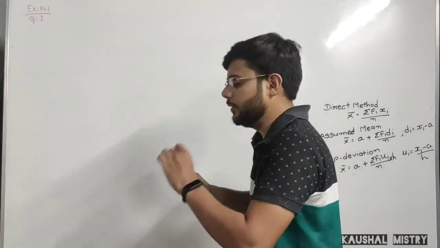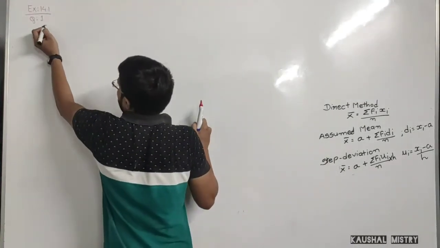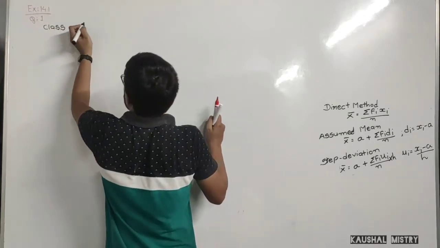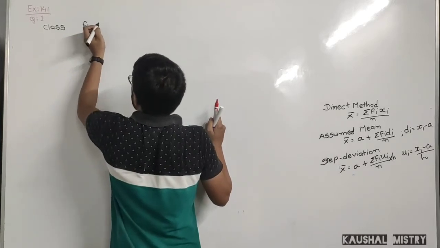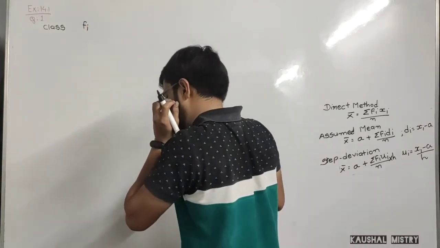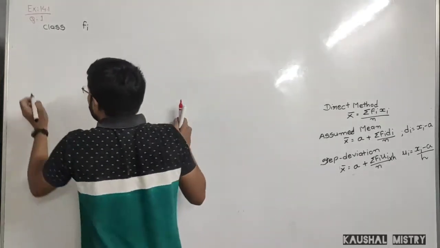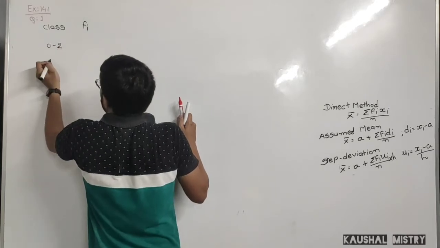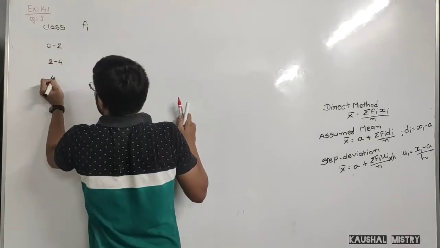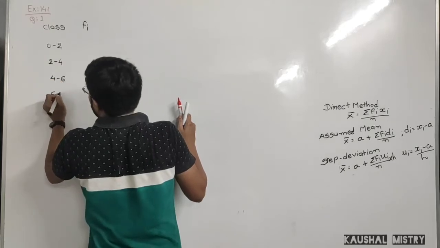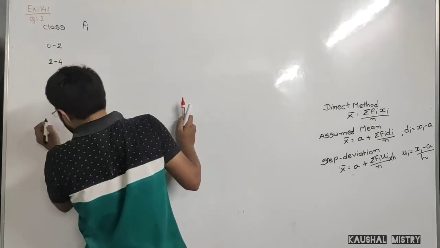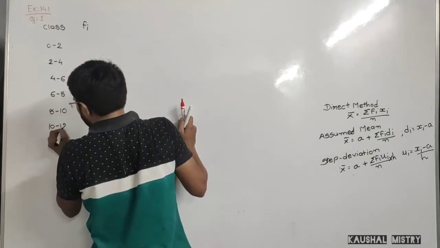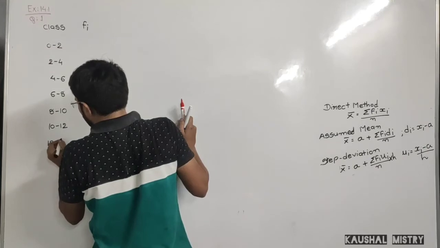Whatever is given, the first will be your class, and second will be your fi, that means frequency. So here the classes are 0 to 2, 2 to 4, 4 to 6, 6 to 8, 8 to 10, 10 to 12, 12 to 14.